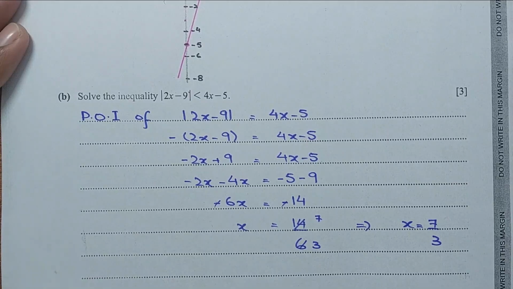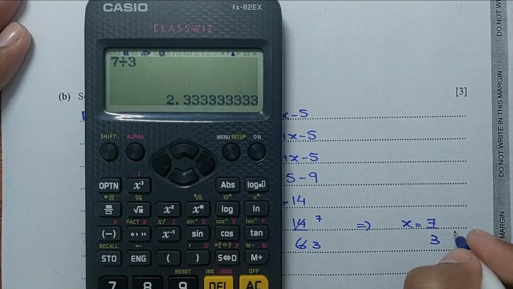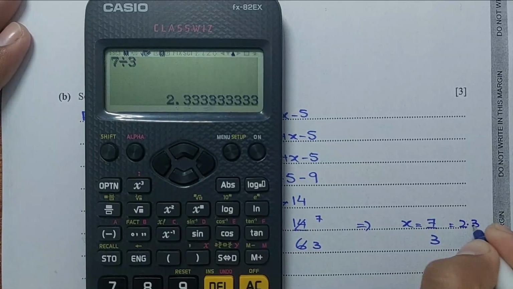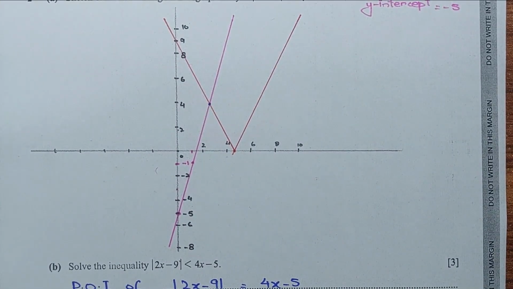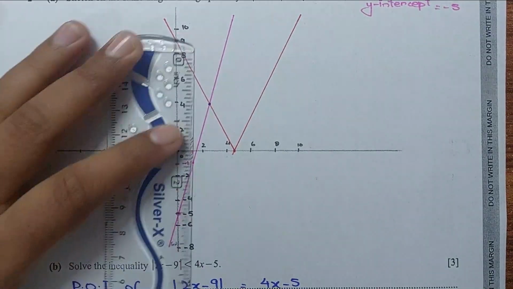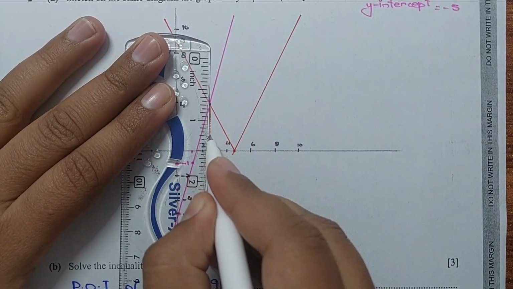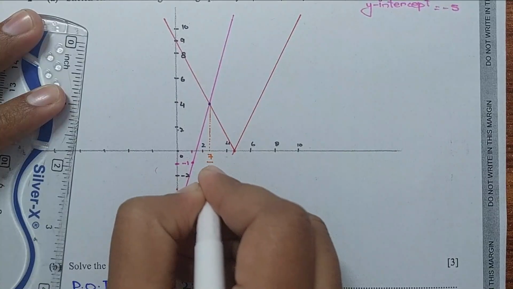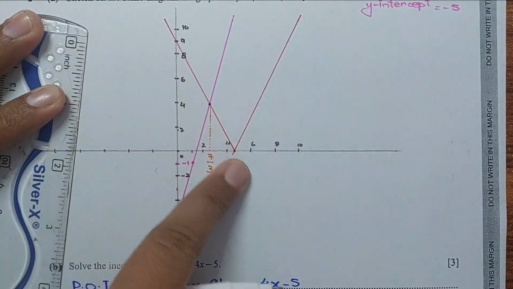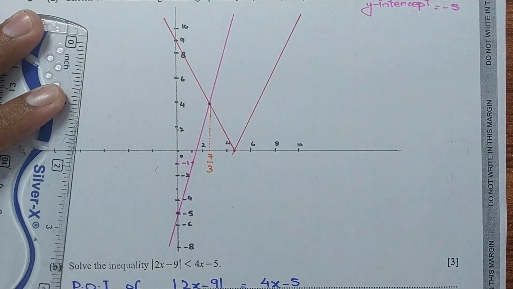Okay, so what is 7 by 3 in terms of decimals? 7 by 3 is 2.3. So they have the point of intersection, which is 2.333. Let me label this. This is the point of intersection, and this point of intersection is at x equals 7/3.